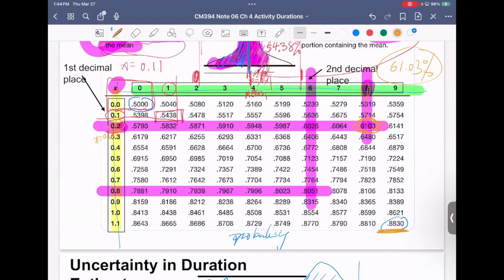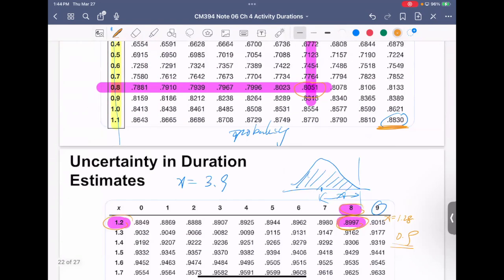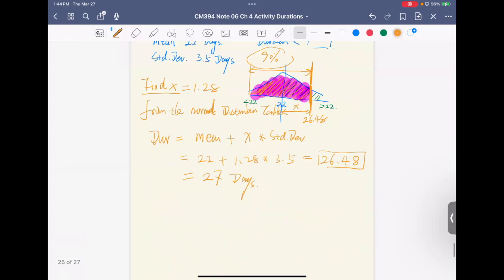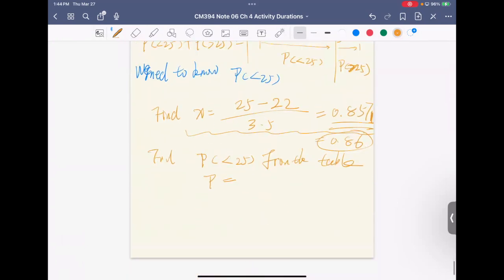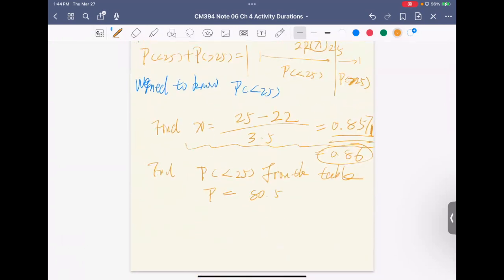Then you're getting this number, 0.7611. And then you get 0.7611 as your P less than 25, right?